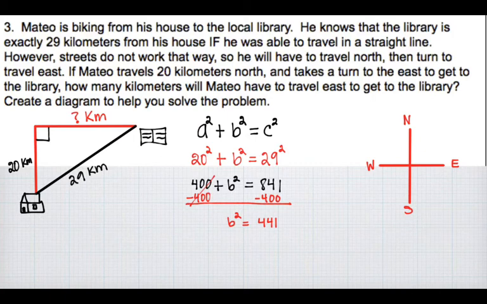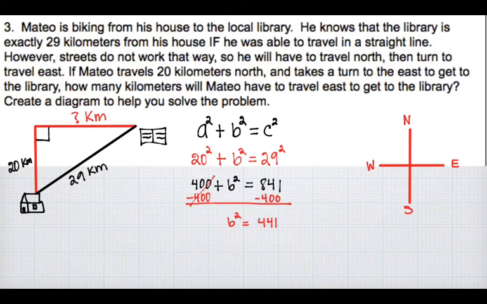So at this moment, some people might think, oh, 441, great. So he travels 441 kilometers here. Well, that wouldn't make sense because this is the longest side right here. And if the longest side is 29 kilometers, there is no way that a shorter side could be 441 kilometers. And remember, 441 represents B squared.